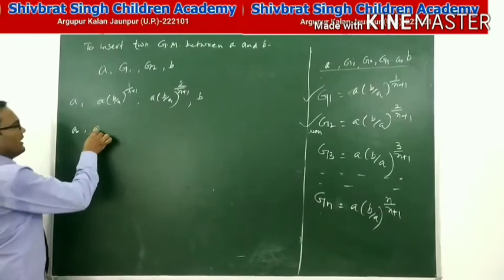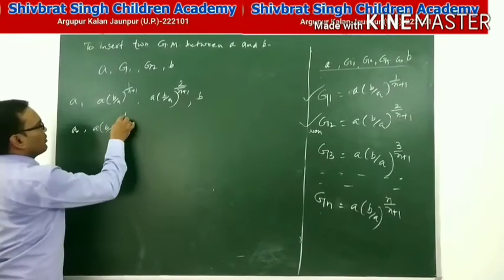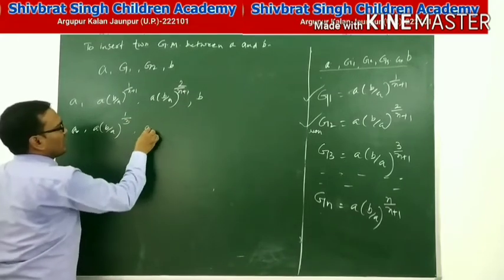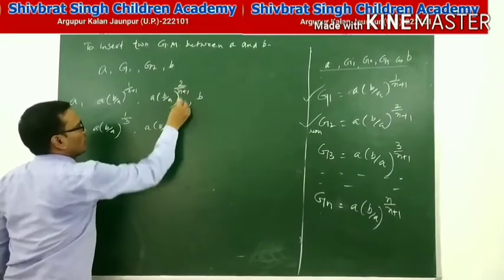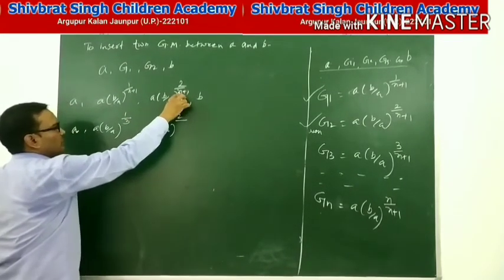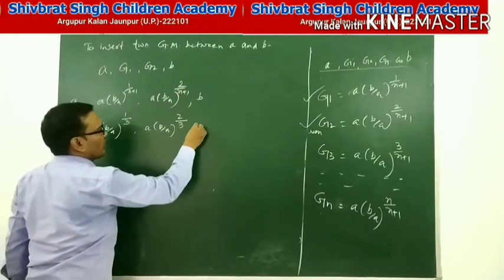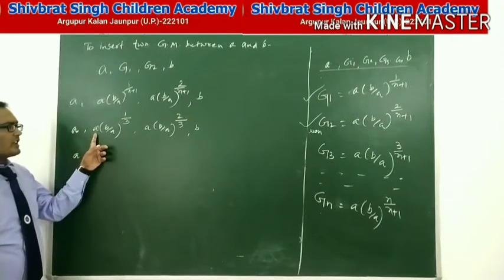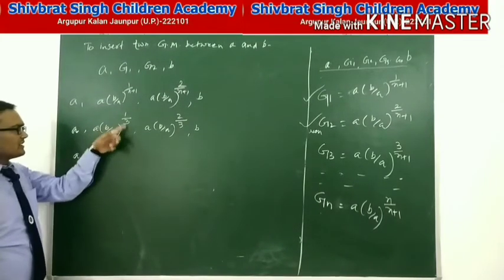a, comma, a b upon a to the power 1, here n equal to 2 plus 1 equal to 3, and a b upon a to the power 2, put n equal to 2, upon 3, comma b. We can simplify this.